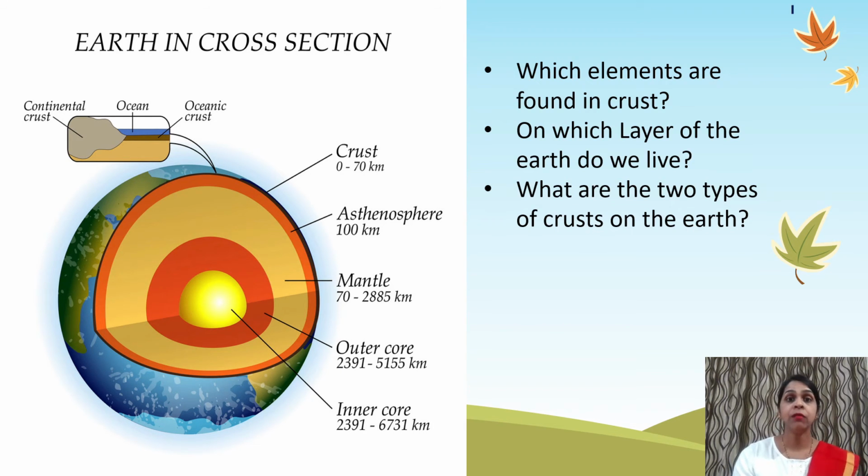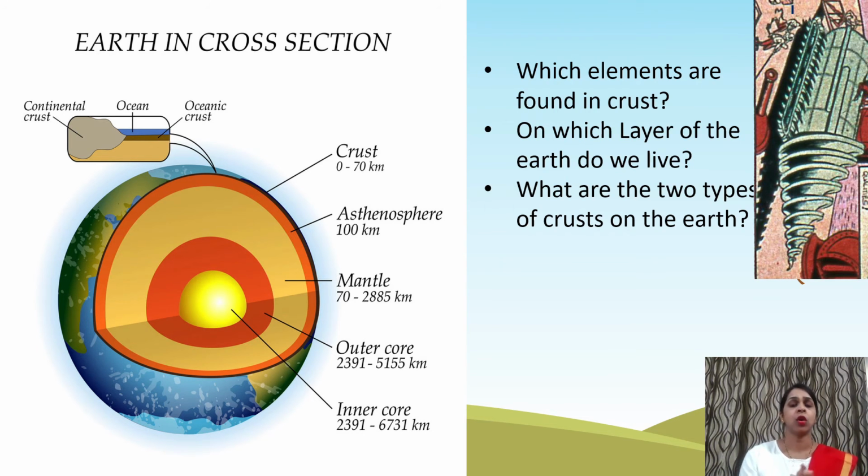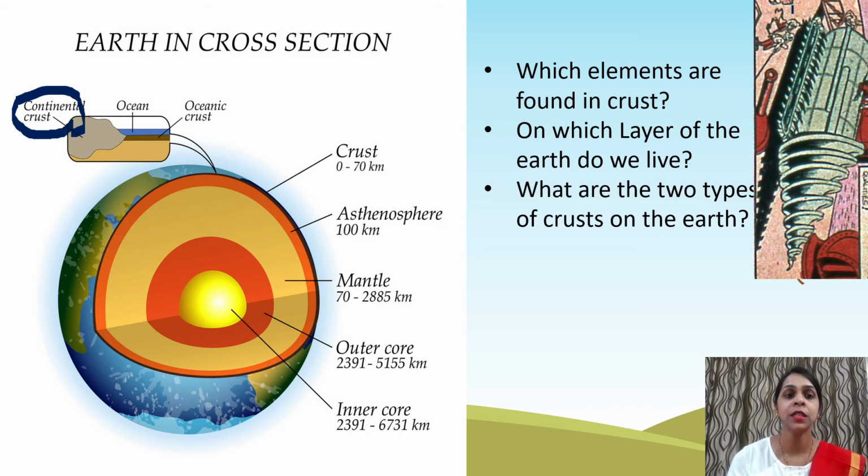Yes, we live on the topmost layer of the earth, which is the crust. Tell me, students, what are the two types of crust on the earth? Yes, there are two types, continental crust and oceanic crust.